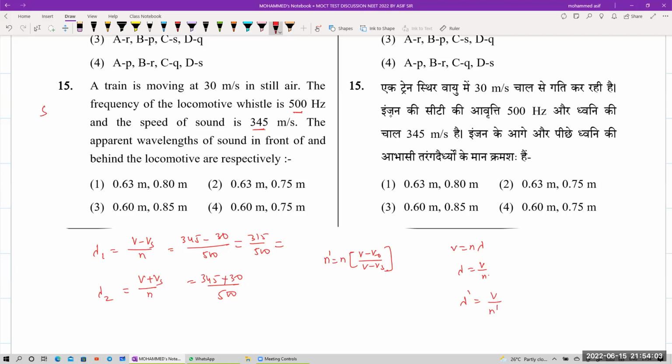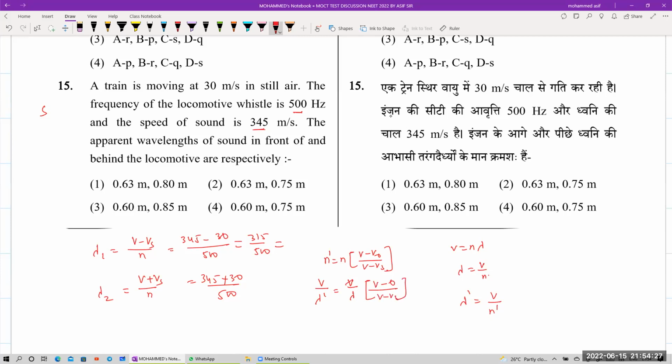Again, so n dash will be equal to how much for me beta? N dash will be equal to your V by lambda dash, that is equals to n, is equals to your V by lambda into, ये हो गया मेरे पास, V minus velocity of your observer, which is at rest, locomotive divided by V minus of Vs.